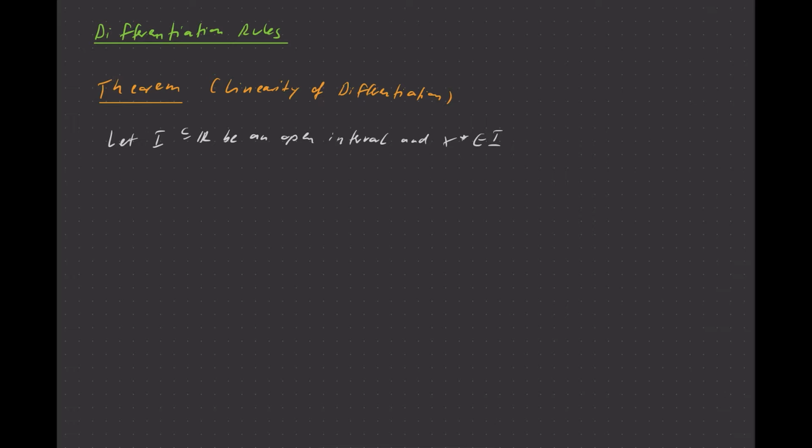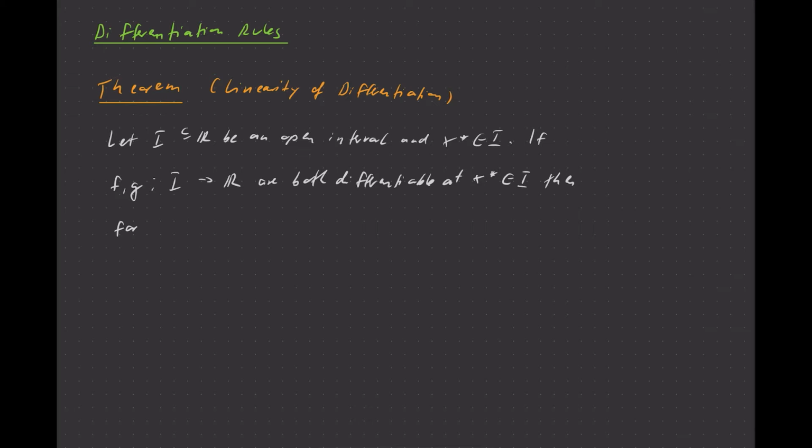And let's say we have two functions on I that are both differentiable at the point x star. So if f and g, functions defined on the domain I and with codomain R, are both differentiable at x star in I, then we can combine those two functions.